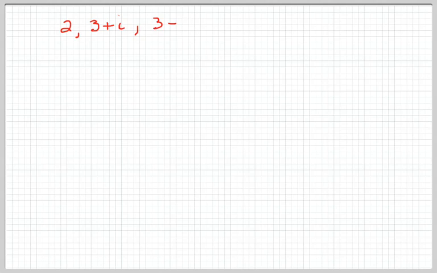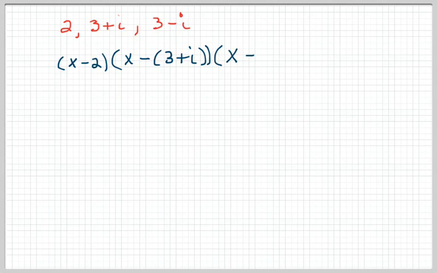And I'm going to write the factors that they came from. So if 2 is a solution, x minus 2 is a factor. If 3 plus i is a solution, x minus the quantity 3 plus i is a factor. And the same thing goes for the conjugate, 3 minus i.